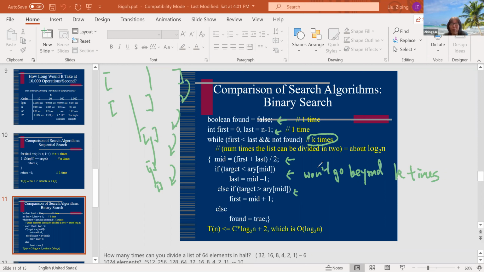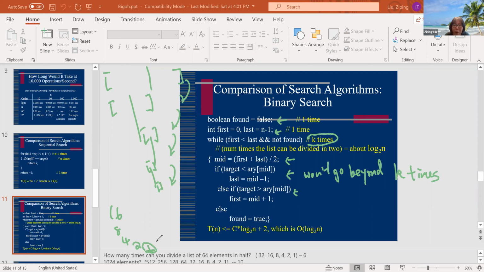So the question is, how many is k? How many times is it going to be divided? Think about some number. If you have 16 divided by 2, it's 8. 8 divided by 2 is 4, 4 divided by 2 is 2, and 2 divided by 2 is 1.